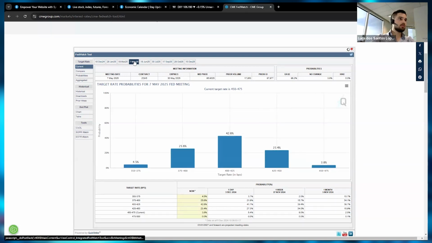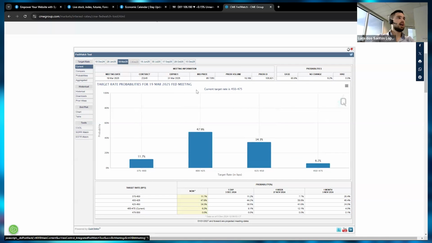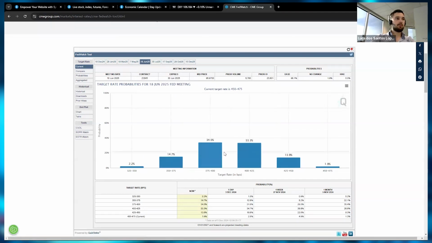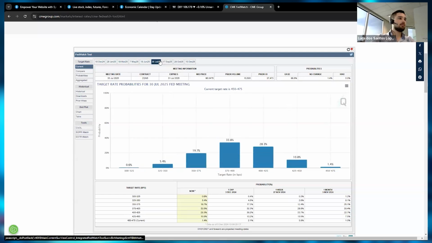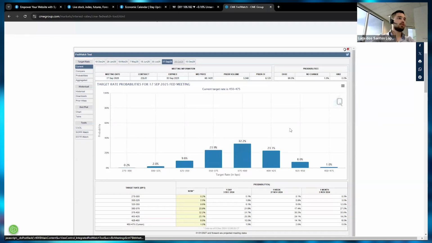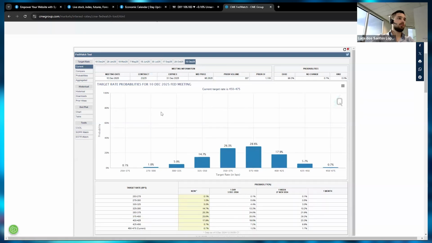Sorry, is it a pause? Yeah, it's a pause. And then June, pretty much in between pause and cut. And then July, a cut. And then September, a pause. And then October, a pause. And then December, a pause.